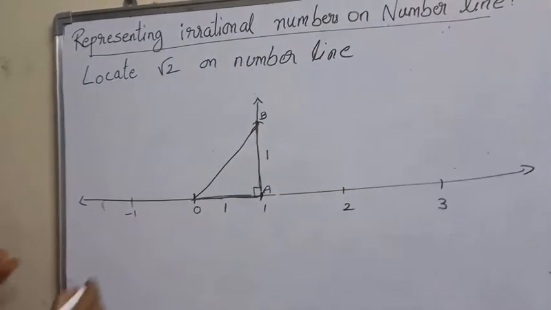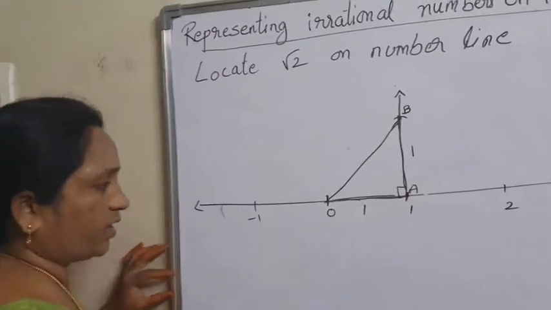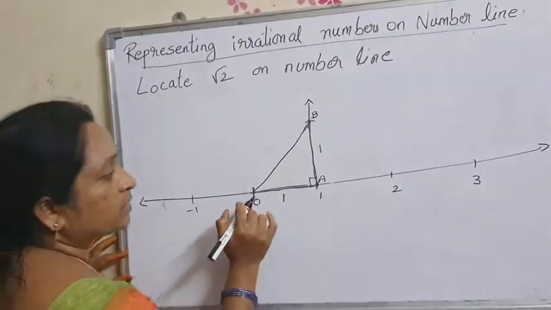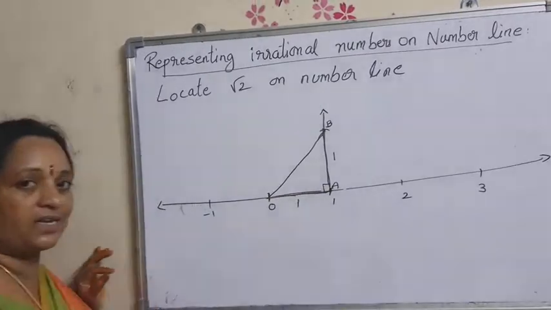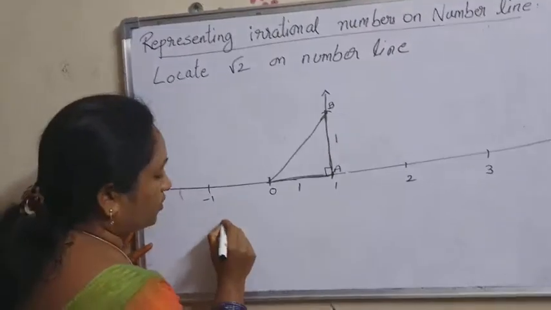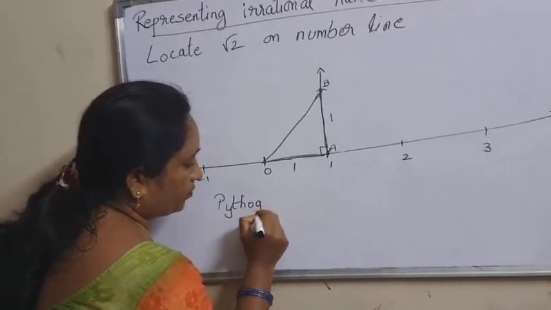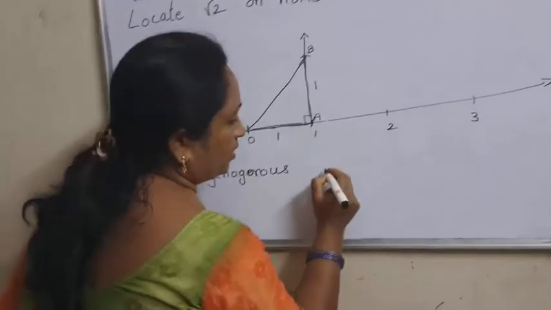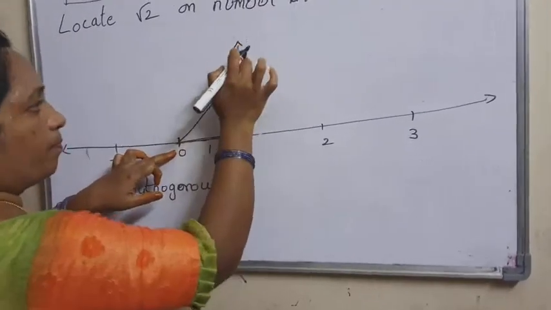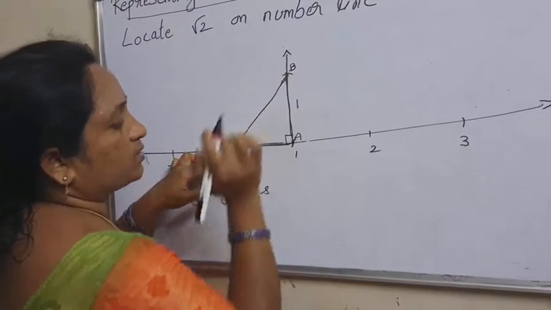Now the length of OB we have to find. The triangle so formed is a right angled triangle, and using your Pythagoras theorem, what you have learnt in your 8th class, this is the hypotenuse, this is the adjacent side and this is the opposite side.